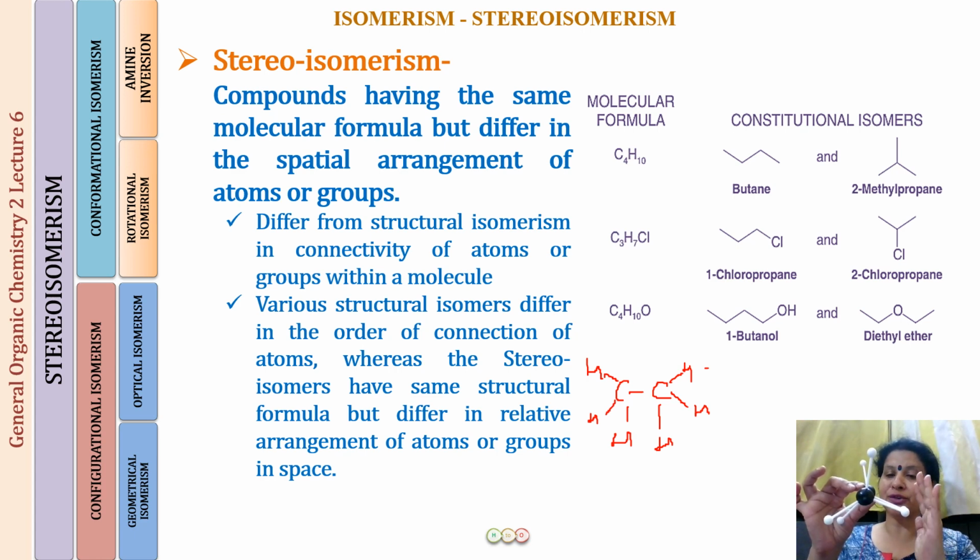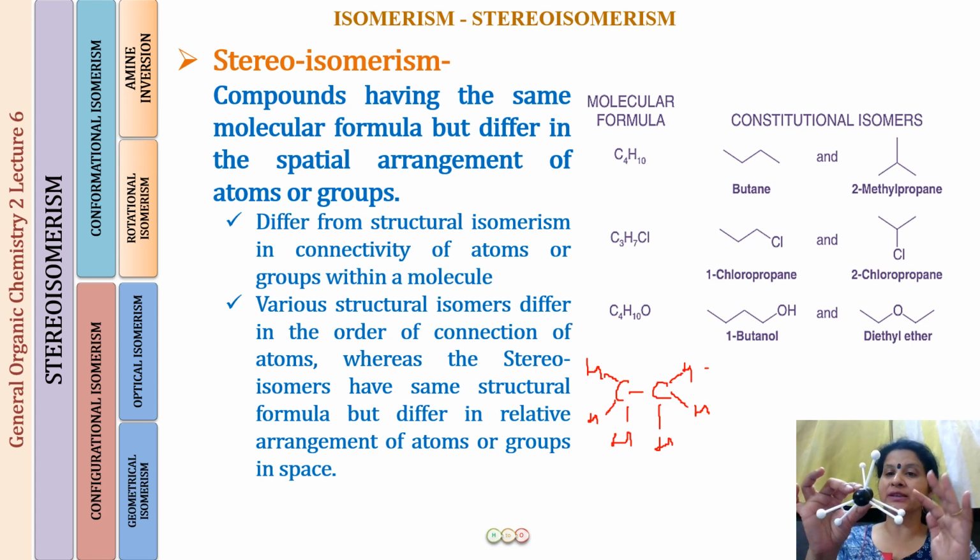And if these two forms have some different properties, this means that this is going to be a type of stereo-isomerism. Okay, I hope this is clear. Now, this form and this form both have the similar connectivity of atoms. I had the same 2 carbons attached to each other. I have not changed them.